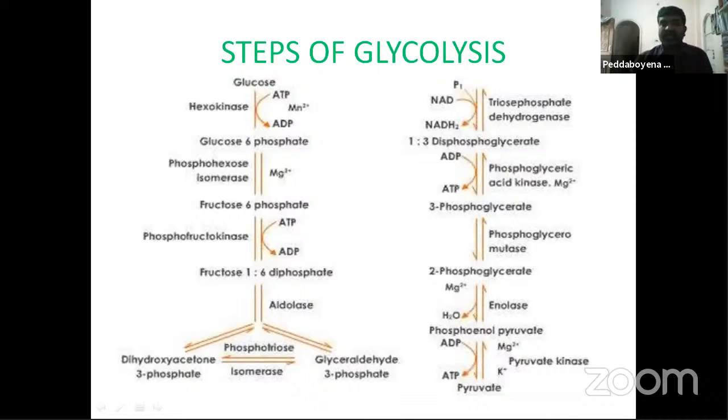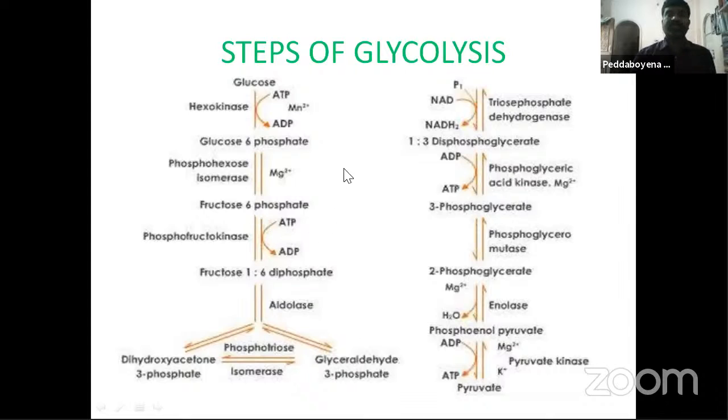The pyruvate is 3 carbon. How many pyruvates are formed here? Two. So here we are observing two processes. Glucose to glucose 6 phosphate is one phosphorylation process, and next fructose 6 phosphate to fructose 1,6 bisphosphate.